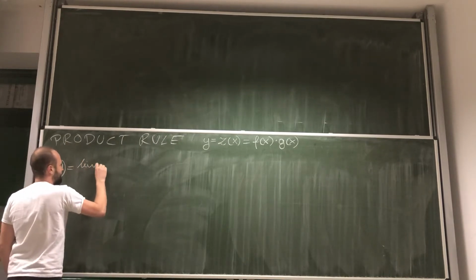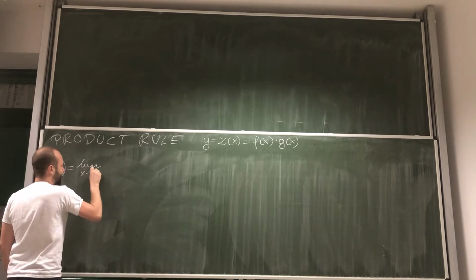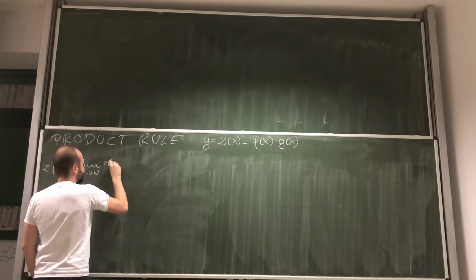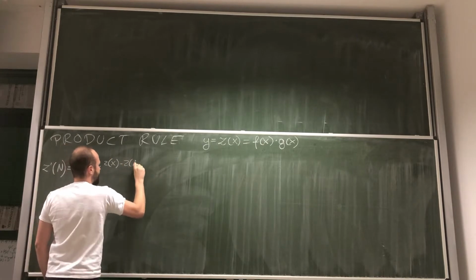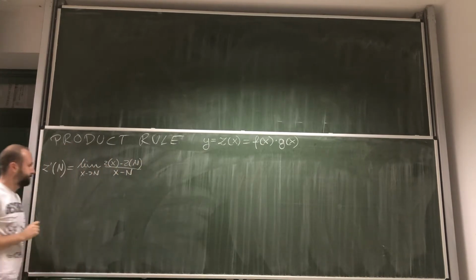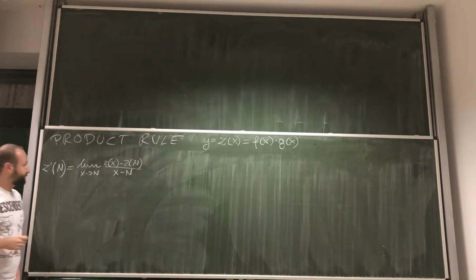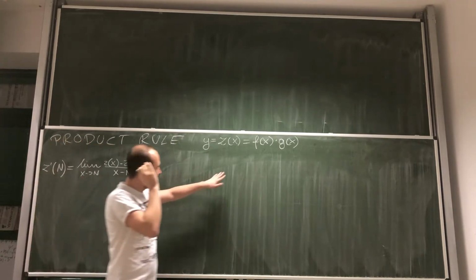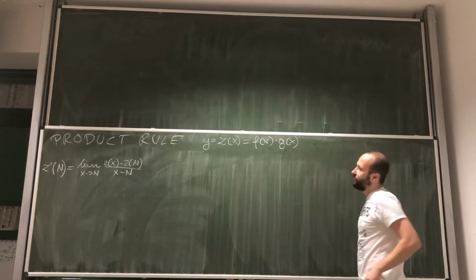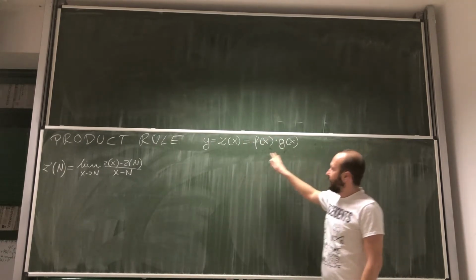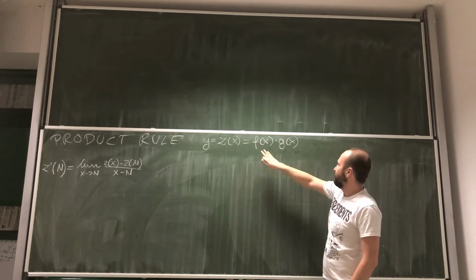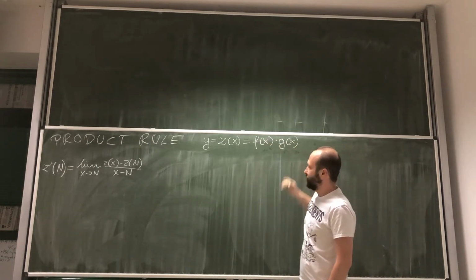Okay, so we are looking for the derivative z prime of n, and of course this is equal to a limit with x approaching n of z of x minus z of n divided by x minus n. Now let's substitute for z of x, and we'll then have f of x times g of x, and for z of n we'll have f of n times g of n.